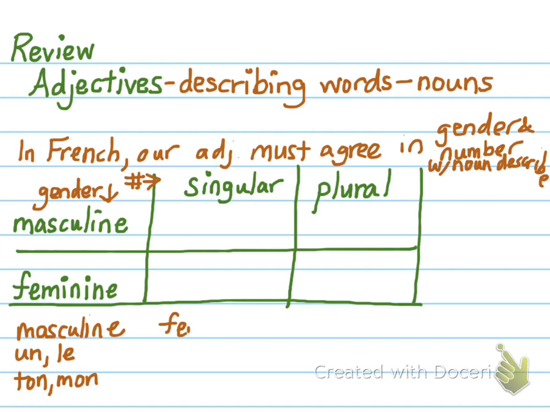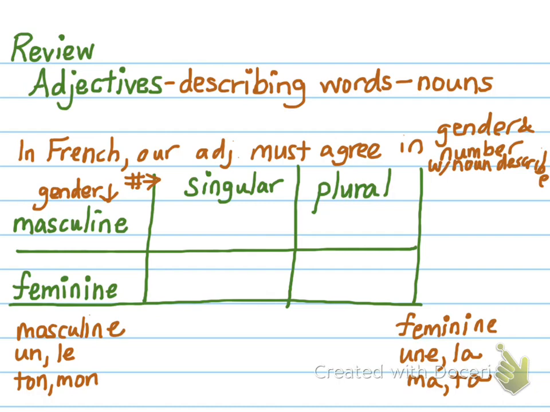And for feminine, une and la and ma and ta that you learned previously. So again, it's important as you've learned vocabulary that you've learned whether those nouns are masculine or feminine.